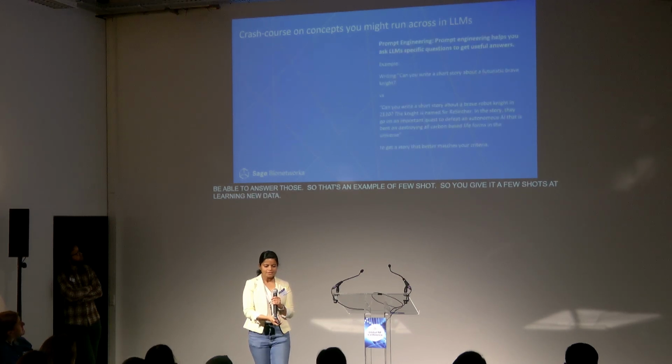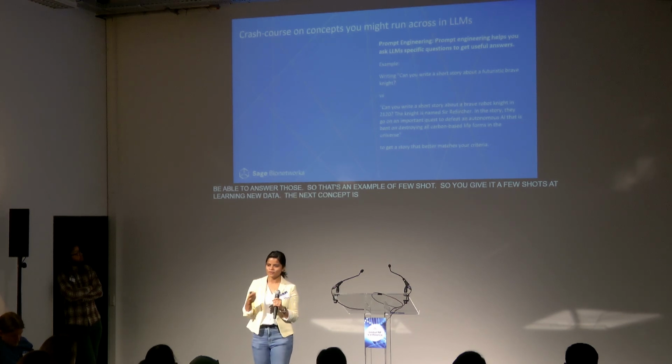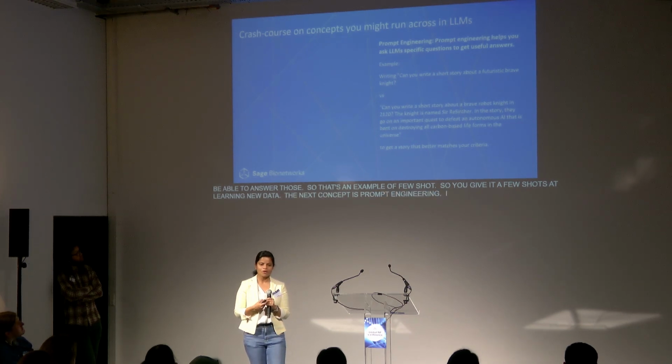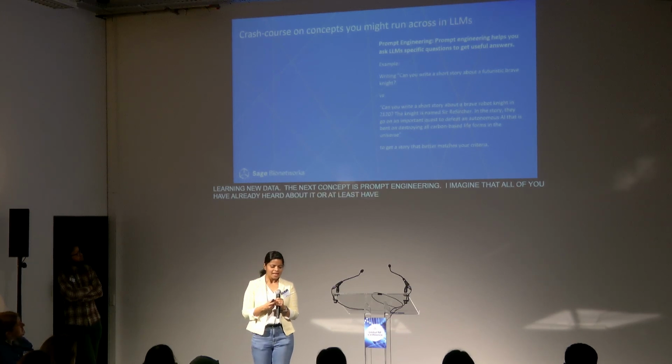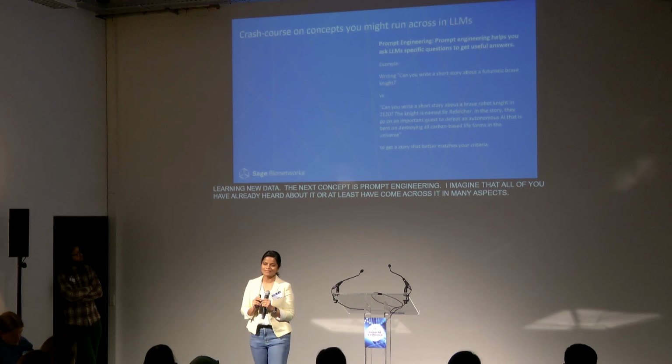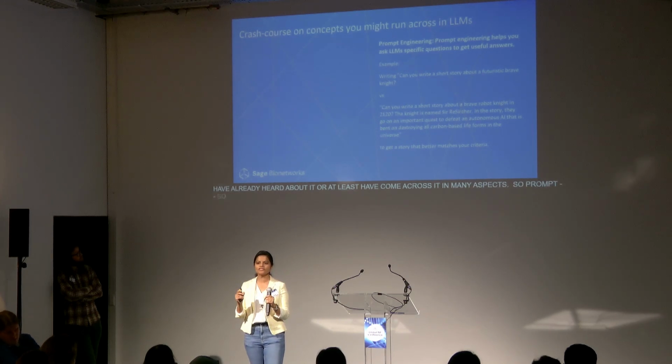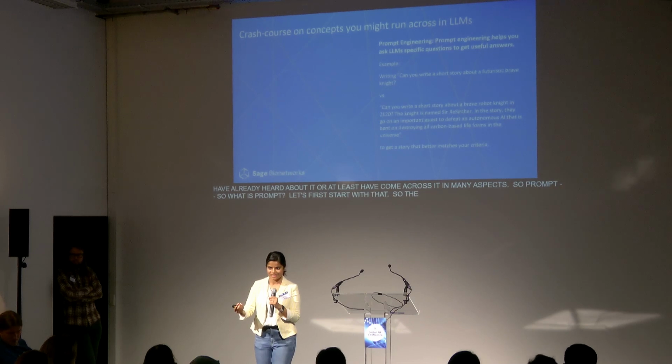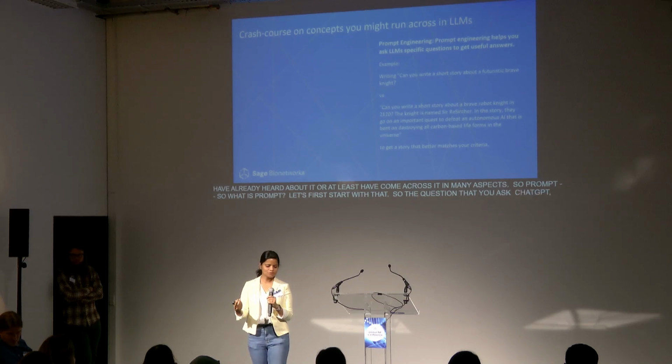The next concept is prompt engineering. I imagine that all of you have already heard about it, or at least have come across it in many aspects. So what is a prompt? Let's first start with that. The question that you ask ChatGPT is your prompt for the model to figure out what the output should be.